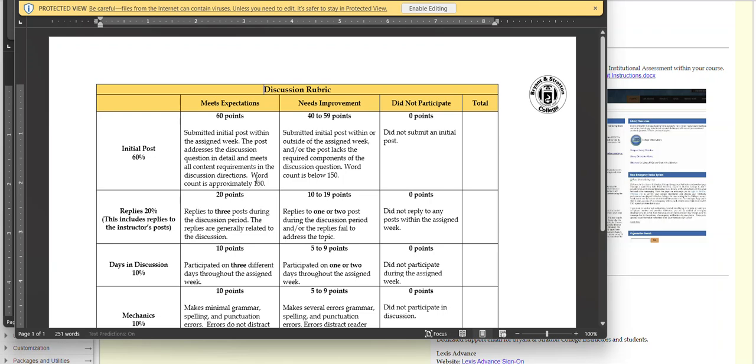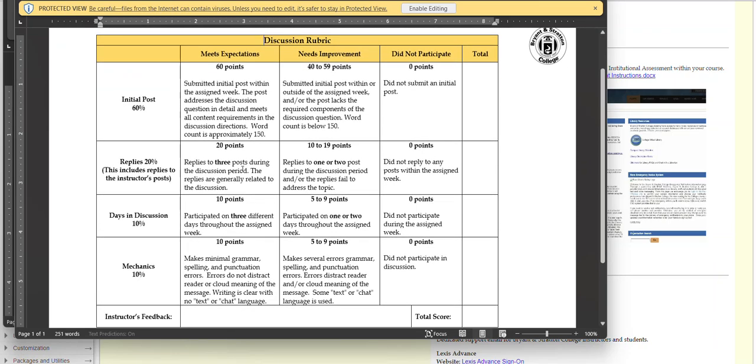So even though it's an algebra problem, you still want to write 150 words in the initial post, describing the problem, talking about what problems you might have had with it, or some things that you could have done to solve it, or some areas where you could use some help. But your initial post in your discussion has to be 150 words.